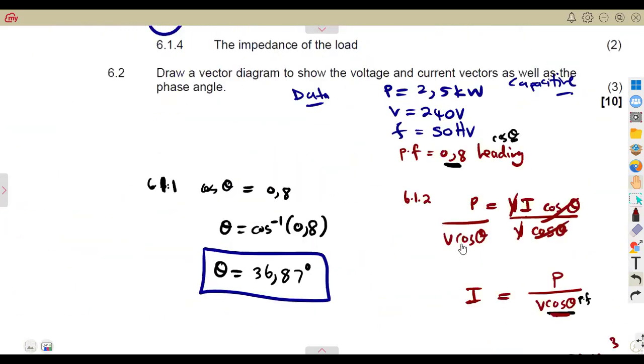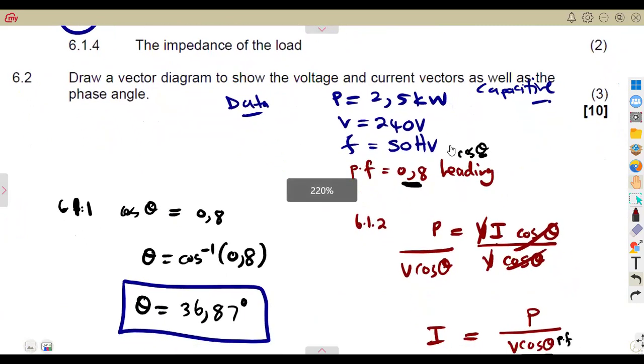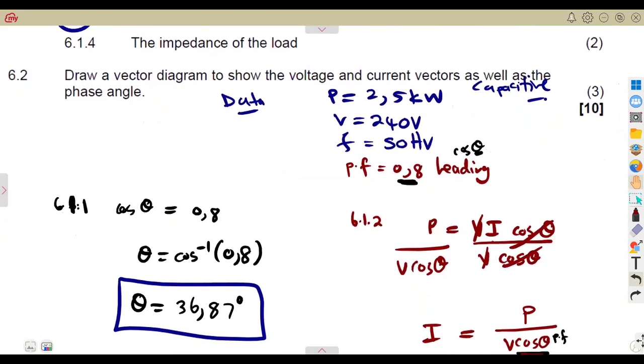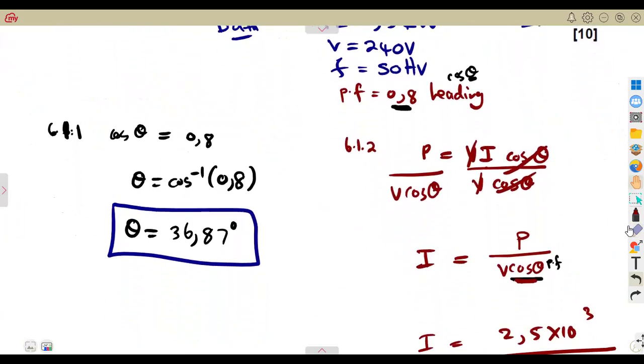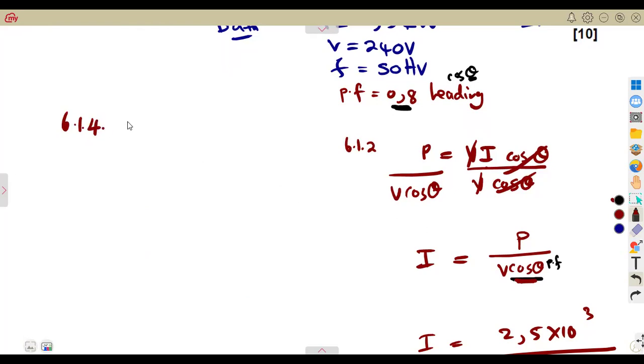That is the idea. So you can calculate, in any question, the impedance of the load, which is Z. So where can we obtain the impedance? We have got the voltage and we also have the current. So you can take advantage of that, remembering that the impedance can be calculated from the voltage and the current.